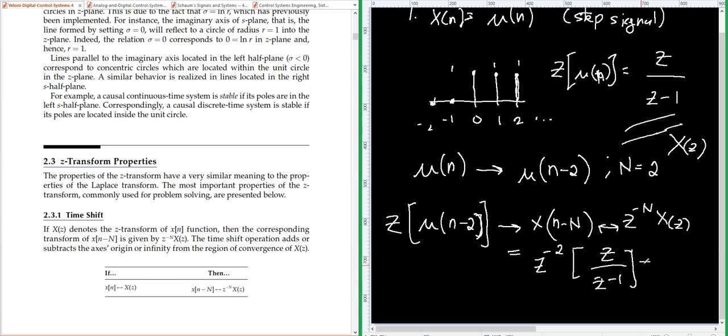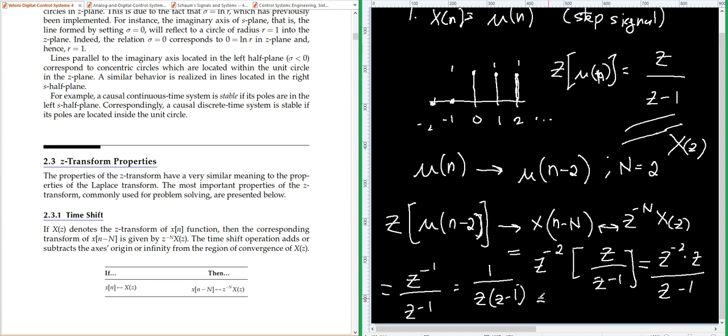So this will become Z to the negative 2 times Z over Z minus 1. That will be Z to the negative 2 plus 1, that is Z to the negative 1, divided by Z minus 1, or that would be 1 over Z times Z minus 1. So the final answer here becomes 1 over Z squared minus Z. So this would be your answer.